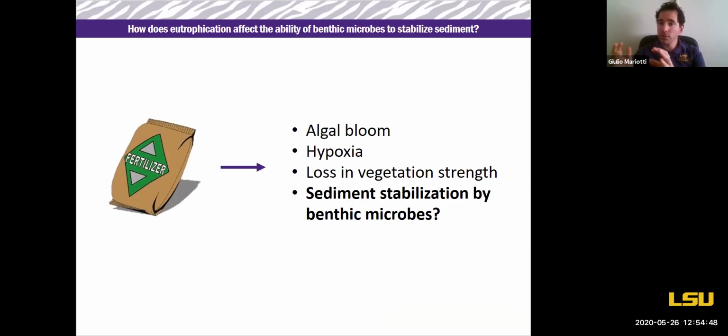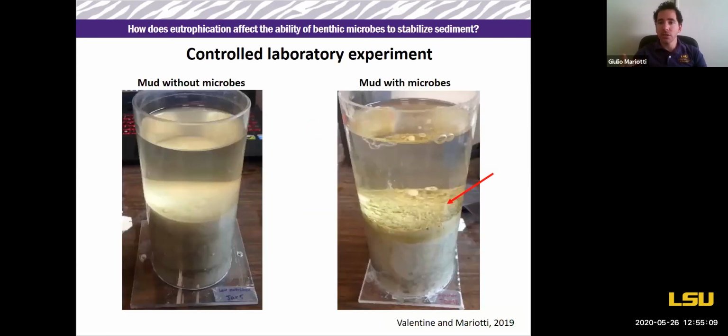But what about this particular ability of benthic microbes to stabilize sediments? Will it change if the amount of nutrients in the water increases, which is most likely due to certain human activities? So to answer this question, we did some controlled laboratory experiments.